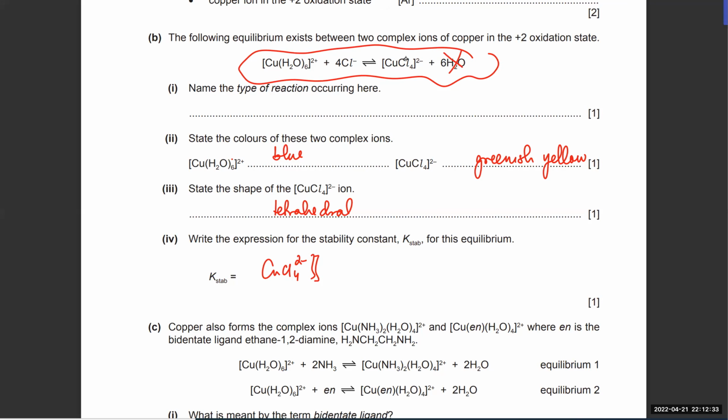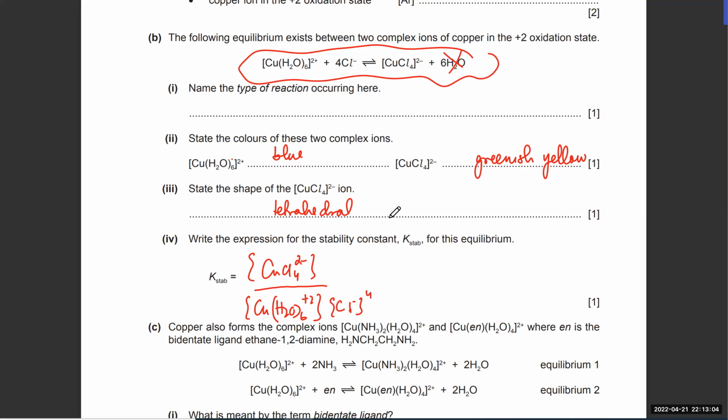Make sure when you do this, you put the charge inside the bracket, because the square brackets represent concentration. So Cu with 6 water molecules, with a charge of 2+, concentration, and you've got Cl- to the power of 4.